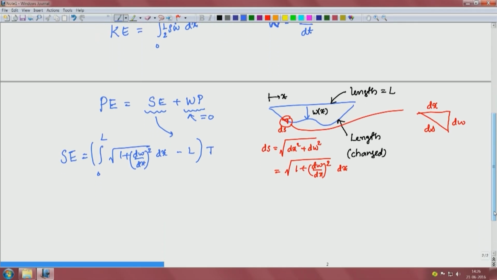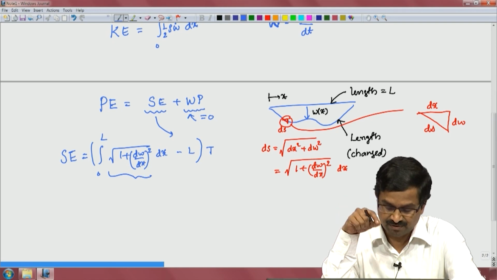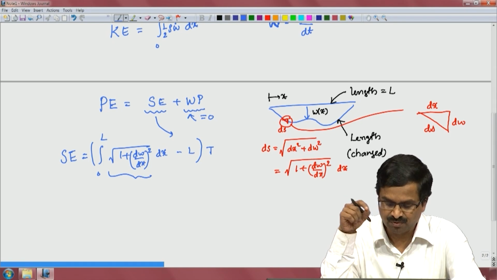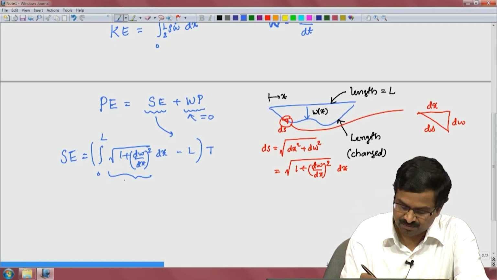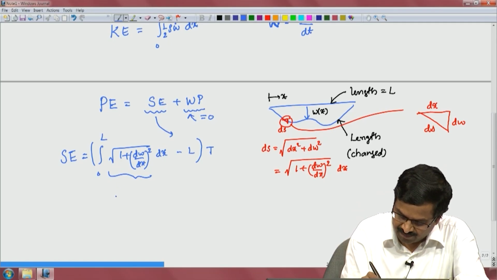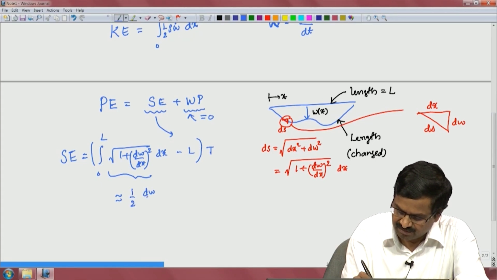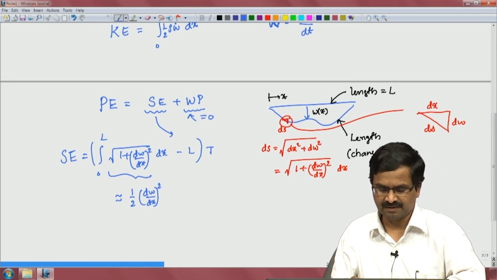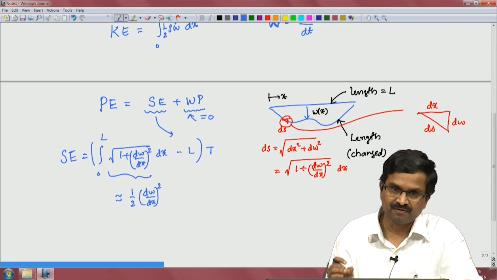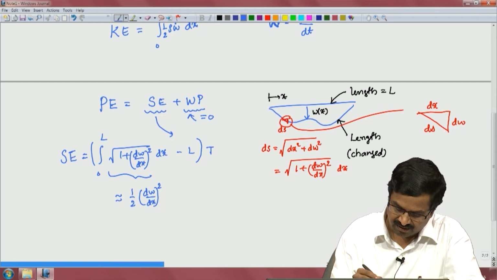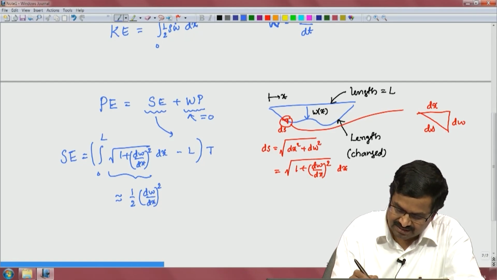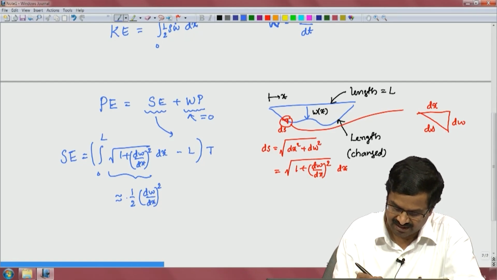Now, we are going to approximate this, because w is going to be small, just small vibrations. The square root of 1 plus dw by dx square, for small slopes or small vibrations, we can approximate as 1 plus half dw by dx square. The square root of 1 plus x for small values of x is approximately 1 plus half x.